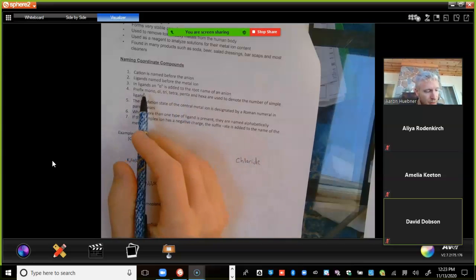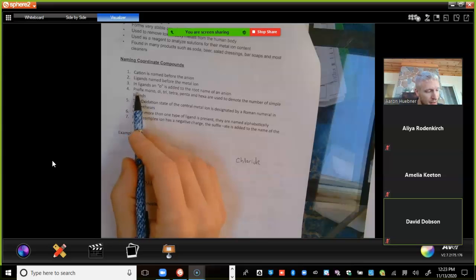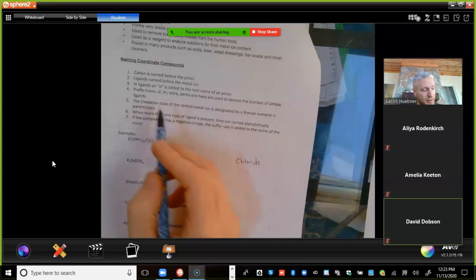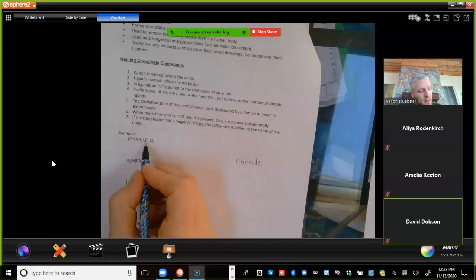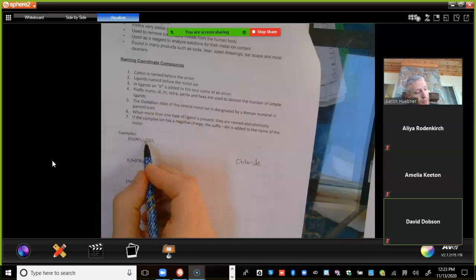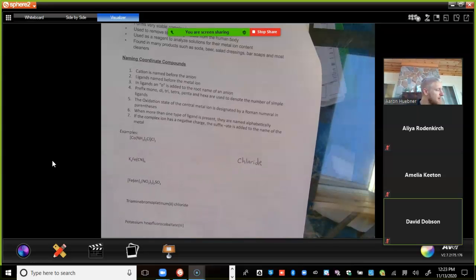But before we start writing chloro and amine, we've got to figure out the prefixes. Mono, di, tri, tetra, penta, and so on, to know the number of simple ligands. So it looks like it's going to be monochloro. Let me just double check.